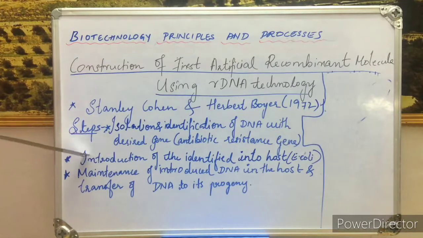When the gene of interest is linked to the origin of replication of the vector DNA, it is going to be multiplied in the host cell, right? So you are going to link the gene of interest with the vector DNA, and together they form the recombinant DNA, and that recombinant DNA is introduced into the host cell, that is the E. coli cell.